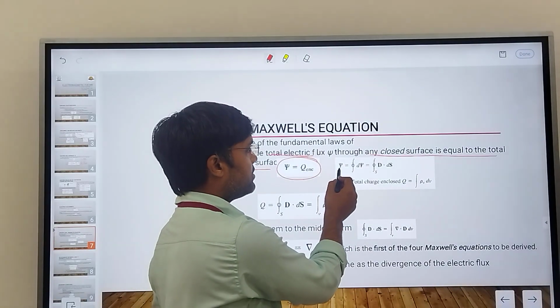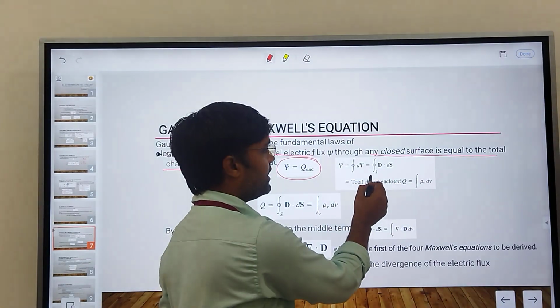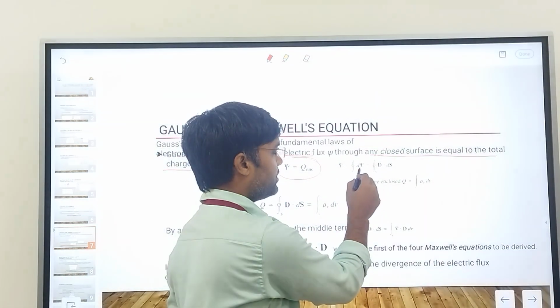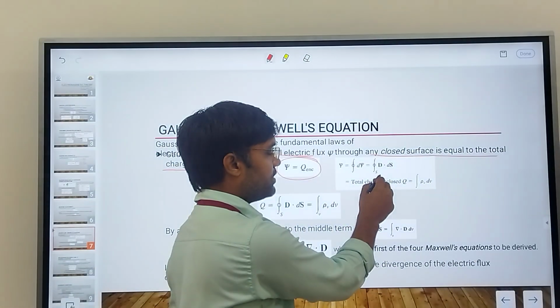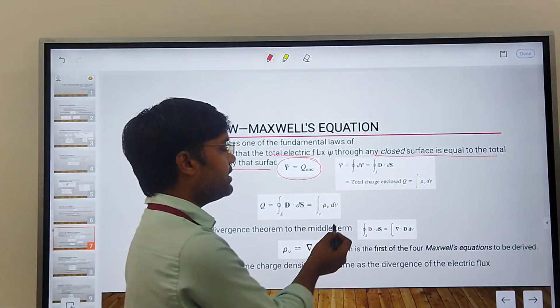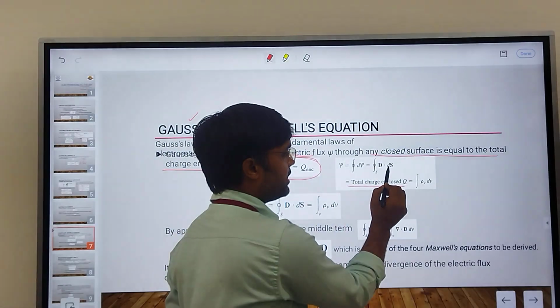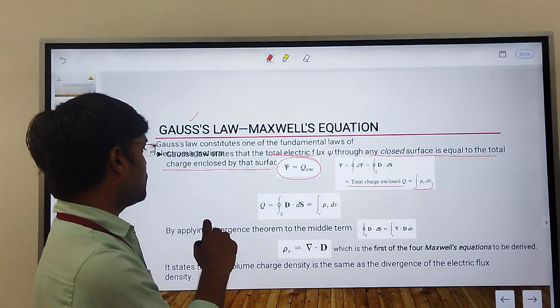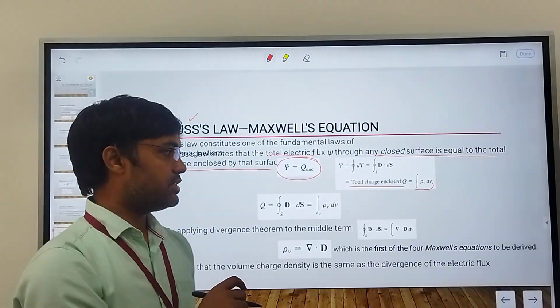Mathematically we can write psi equal to the integration of d psi, and in the previous slide I told you that psi equals the surface integral of D dot ds. This is the total charge enclosed, Q, and this is the volume charge density. That means the total charge enclosed by that surface.